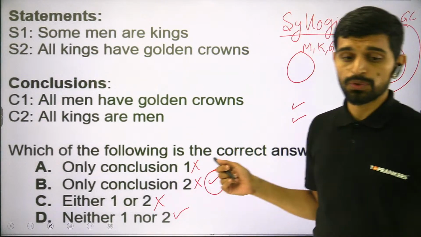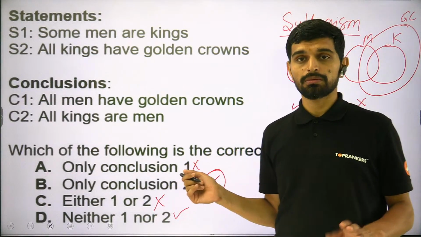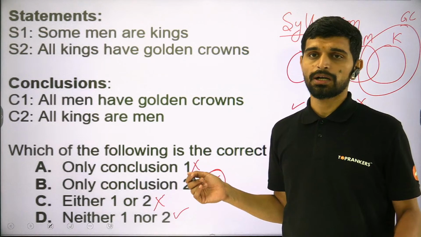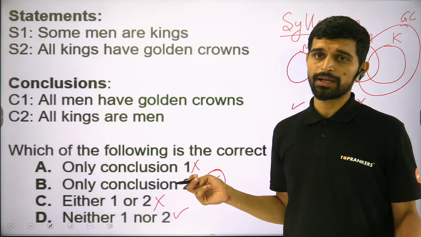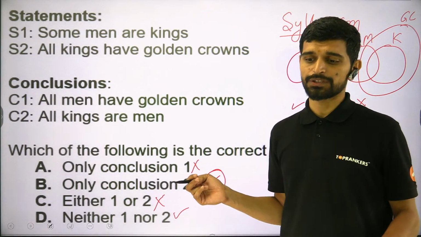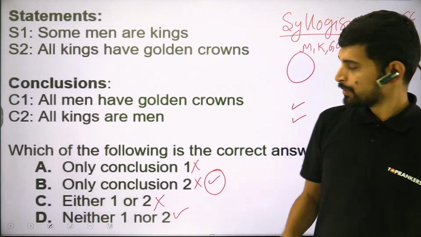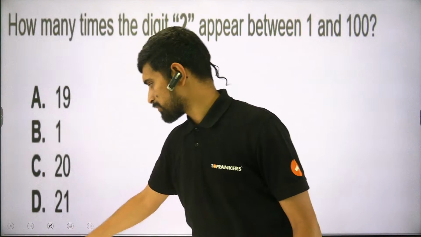So if you still have this doubt, you can contact the NATA team on the mail ID that has been provided on the official website, right? So let's move to the next question.